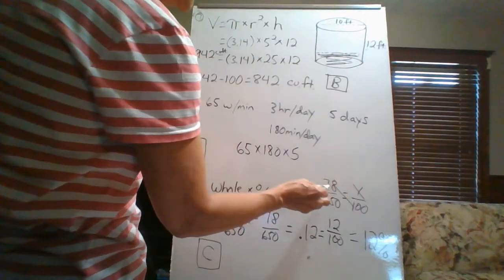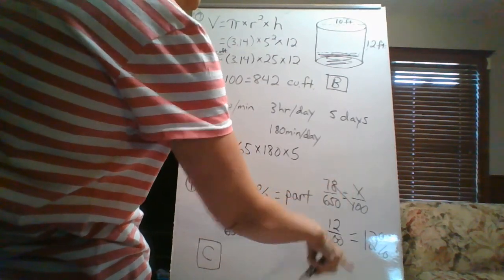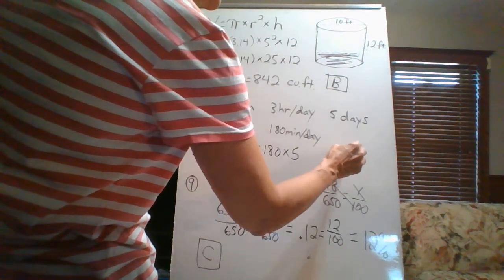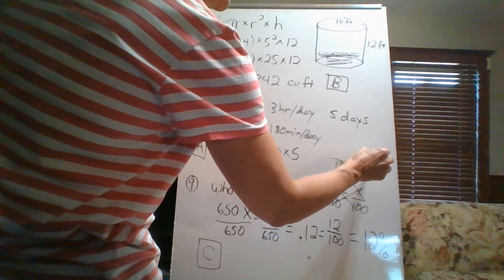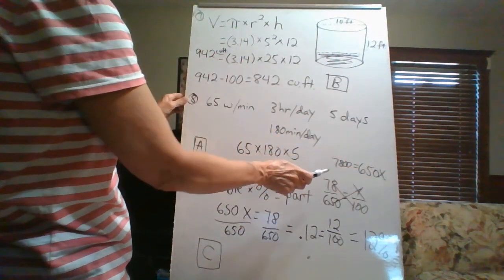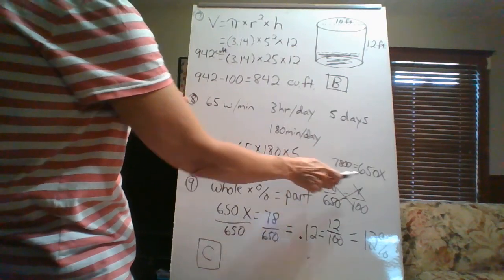So I would multiply that and get 78 times 100 is 7,800. Cross multiply these, 650 times x. All right, algebra steps. 1, solve both sides. Done. 2, isolate the variable.